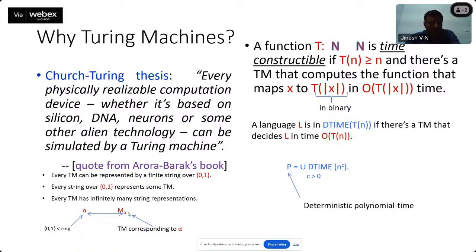If we have an algorithm, we are able to design a Turing machine corresponding to the string or the program. Then once you have a Turing machine, you consider the Turing machine as a function with respect to time, or time complexity. We'll say in detail.